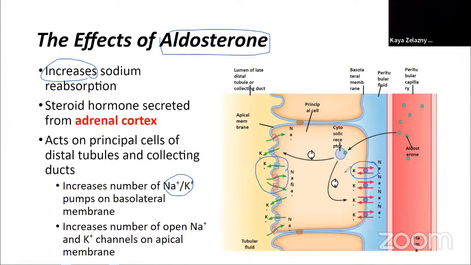Since we are making sure we have a big pull on sodium, we're opening up more channels so that more sodium can get in. So that's how it's working. You have aldosterone present in the blood, you get more sodium potassium pumps, more sodium channels, so that you can have greater overall movement of sodium into the blood.